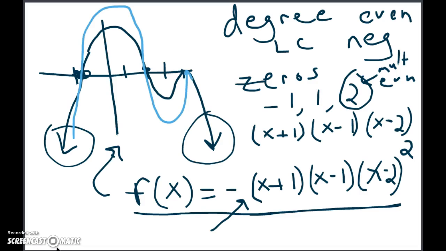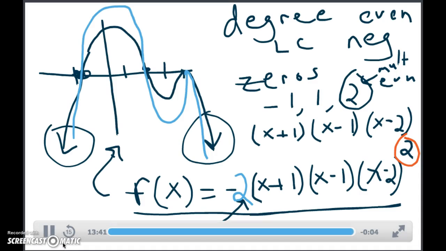So I could get a graph that looks like this. It would be a stretch. I could get that by putting a 2 in front here. I could also get the same shape if instead of a 2, I put a 4 or a 6 or an 8, because then it would still have even multiplicity. I hope that helps as you do the homework. Good luck.